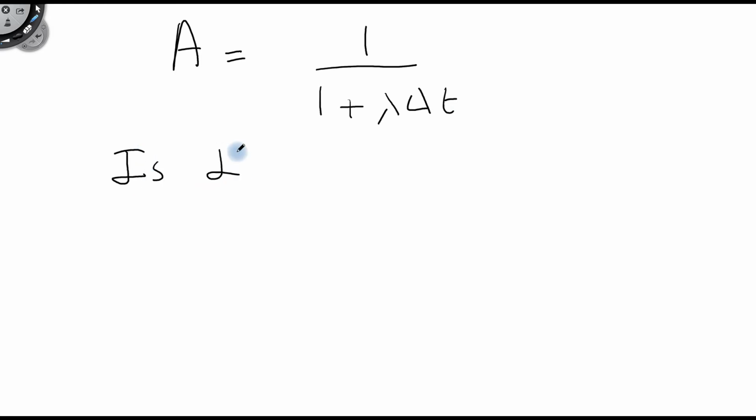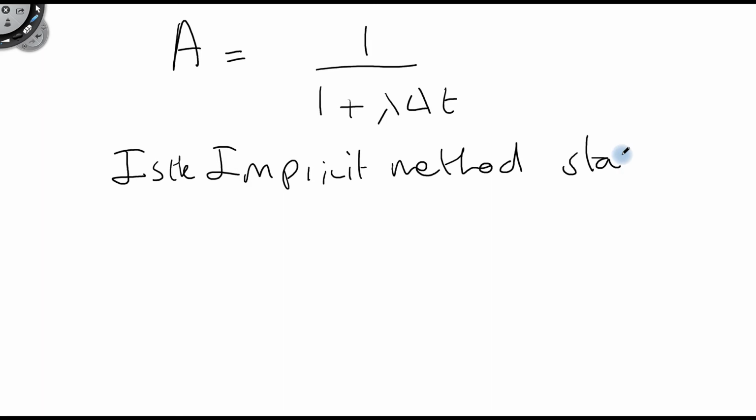So let me just write that down. A is 1 over 1 plus lambda delta t. The implicit method is stable. Remember, lambda is a positive constant, delta t is always greater than 0.